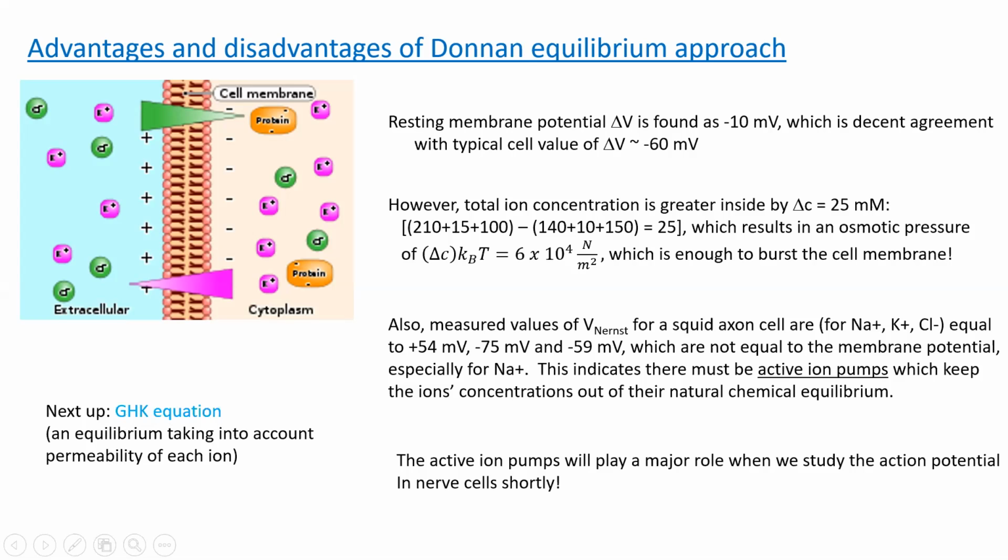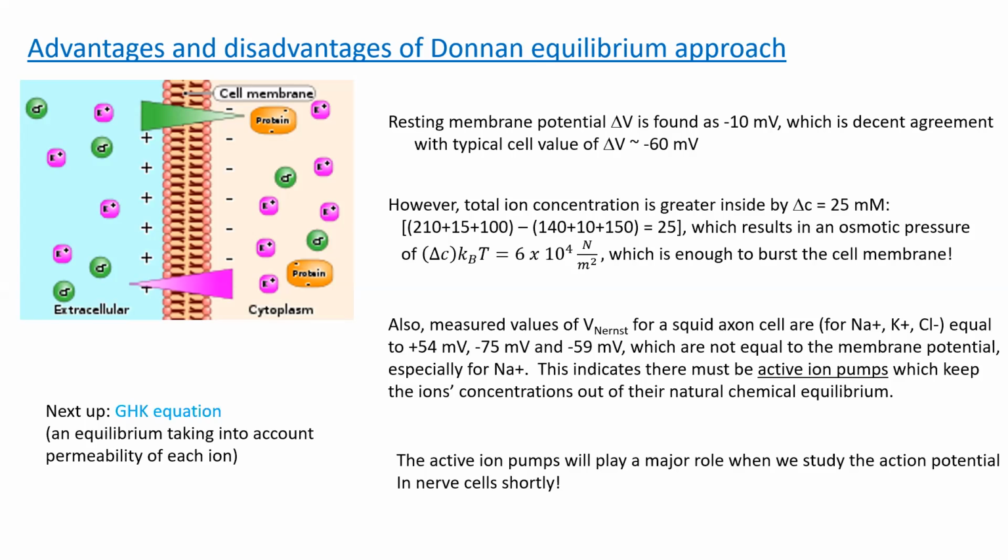So overall, what have we learned? We've learned that there are different ion concentrations on either side of cell membranes, that the natural diffusion of the ions is counteracted by a membrane potential, which the cell usually has.